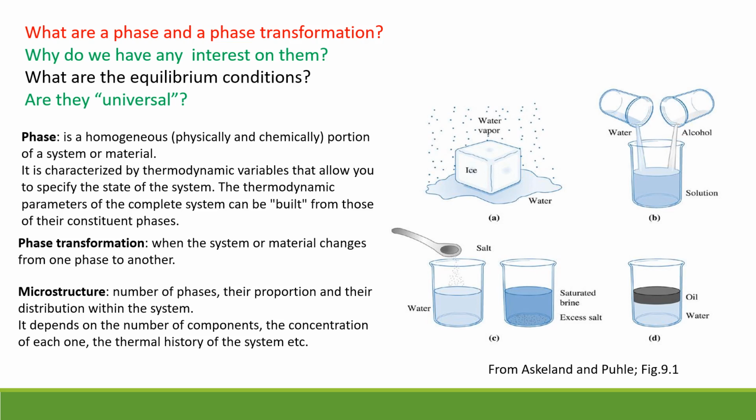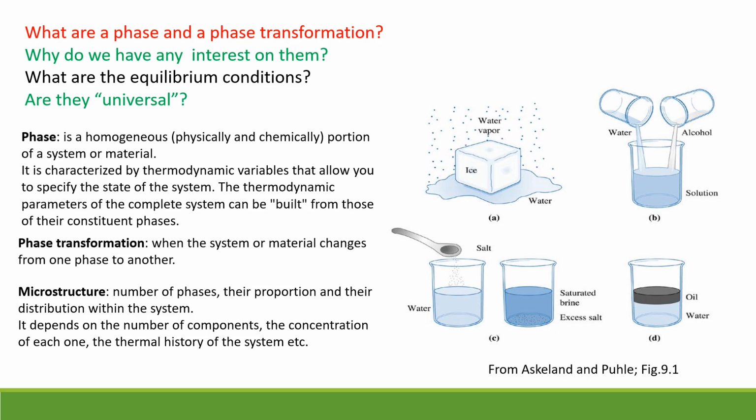Three important concepts are phase, phase transformation, and microstructure. A phase is homogeneous physically and chemically, I mean from both points of view, from composition and from structure and properties. It's a homogeneous portion of a system or material.